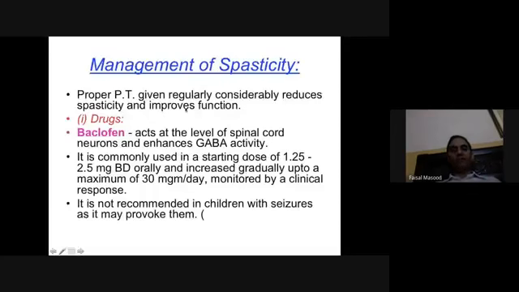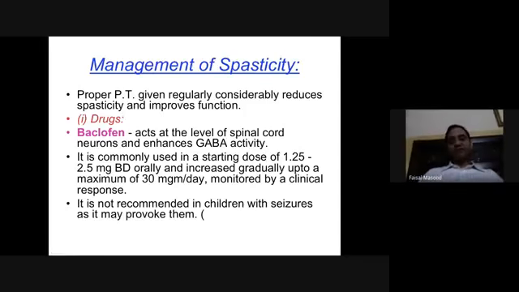Management of spasticity. This can be done by medicines. Baclofen is the drug of choice. It enhances the GABA activity, and GABAs are the inhibitory pathways in our central nervous system. As the function of the upper motor neuron is impaired by ischemia, the lower motor neurons are excitatory, and the inhibitory role of the upper motor neuron is gone.